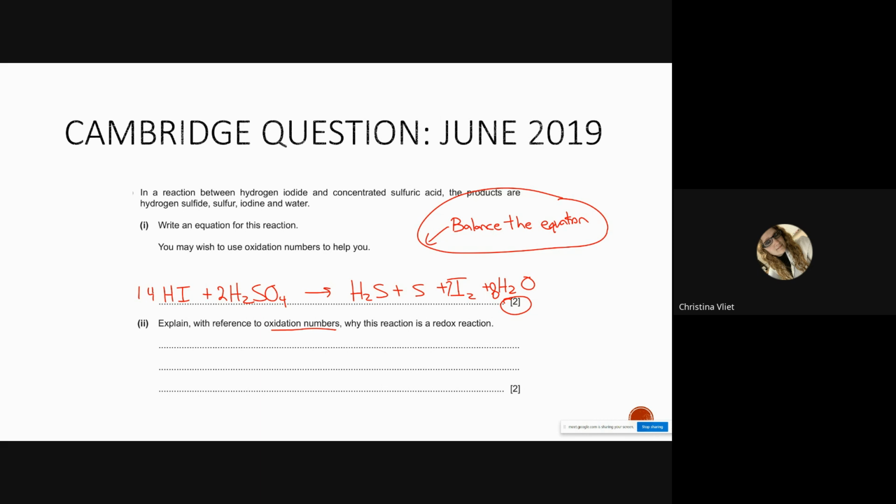How would you prove this is redox? How to prove redox is you have to say what the change in oxidation number is. Just what changes.